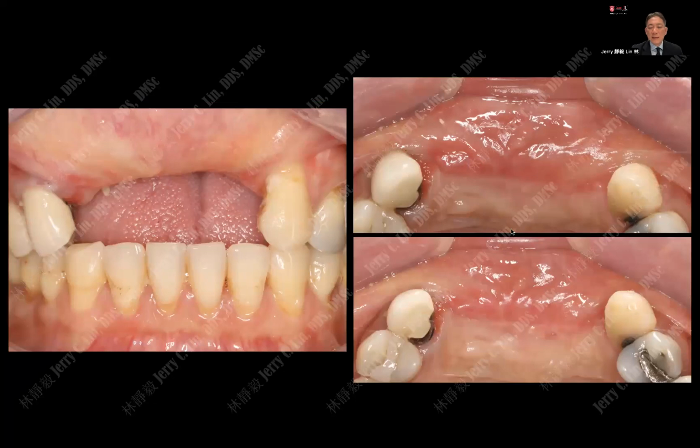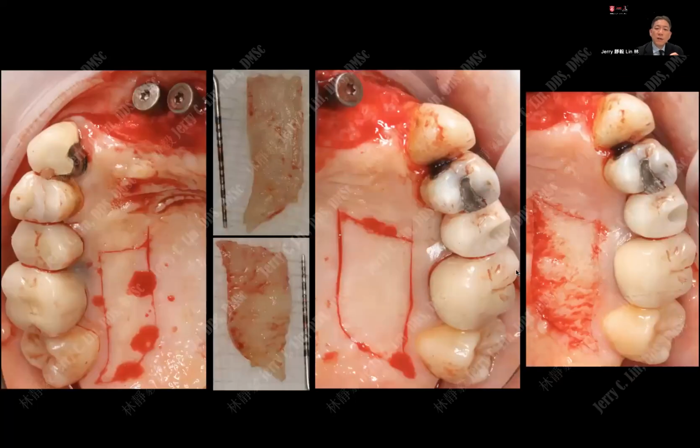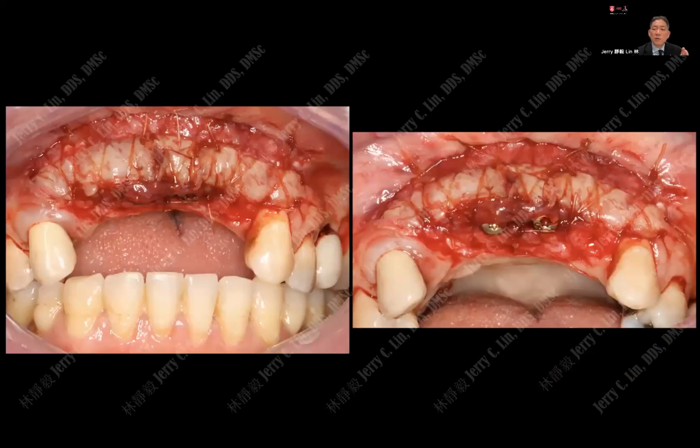But this particular patient didn't want to have a connective tissue graft. She didn't want 2 surgeries for the soft tissue. So instead of 2, I just did 1, an epithelialized free graft, because connective tissue is more important for maintaining implant health. And of course, soft tissue volume is important for peri-implant stability as well.